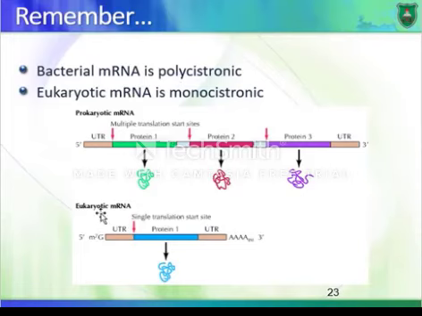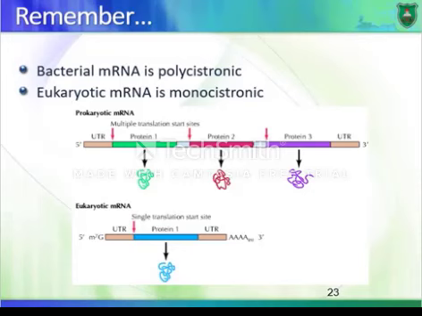While in eukaryotic cells, we have only a single protein produced from a single transcriptional unit. So remember to differentiate between the polycistronic expression in the bacteria or in the prokaryotes and the monocistronic expression in the eukaryotic cells.